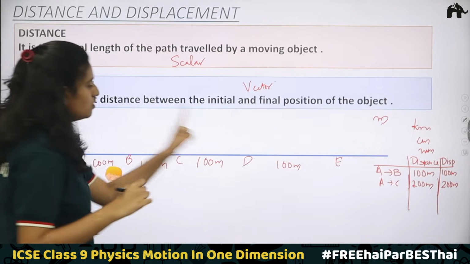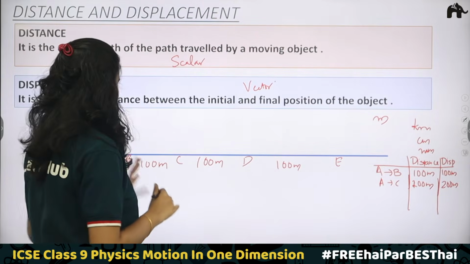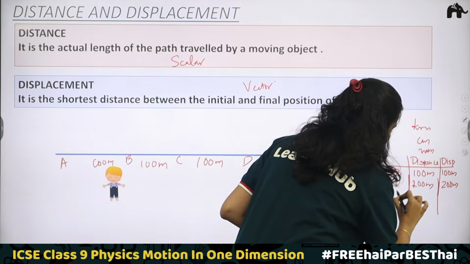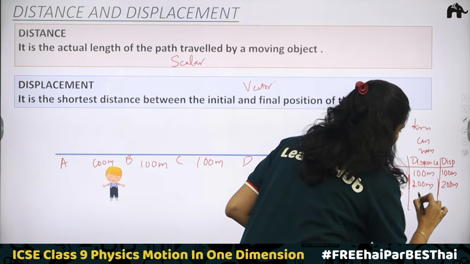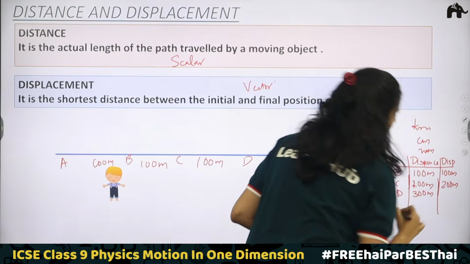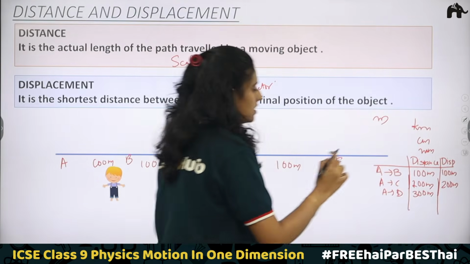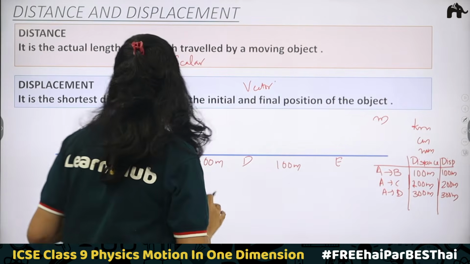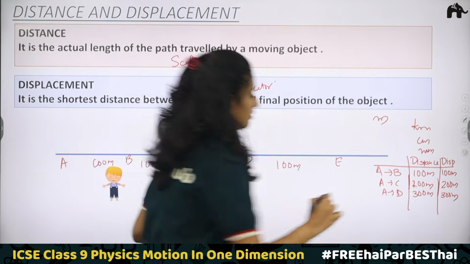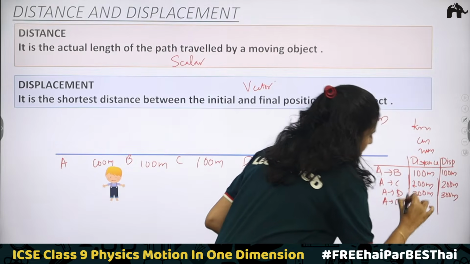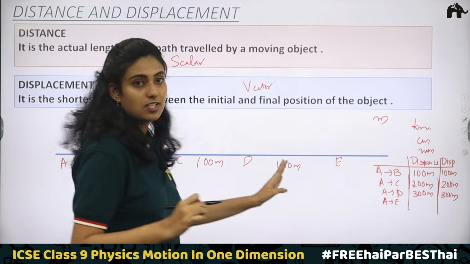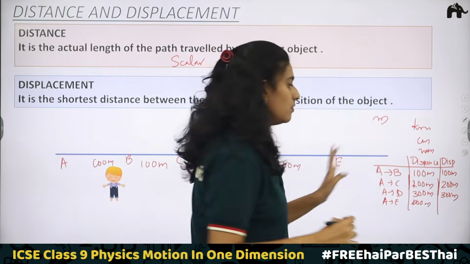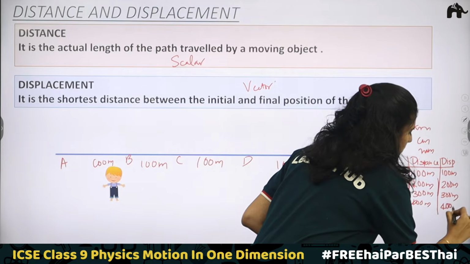Next, from A to D, 100 plus 100 plus 100, 300 meter will be the distance. What about displacement? The shortest distance is also the same, so again 300 meters. Next, A to E: 100 plus 100 plus 100 plus 100, which is 400. 400 meter will be the distance and the displacement will also be 400 meter.